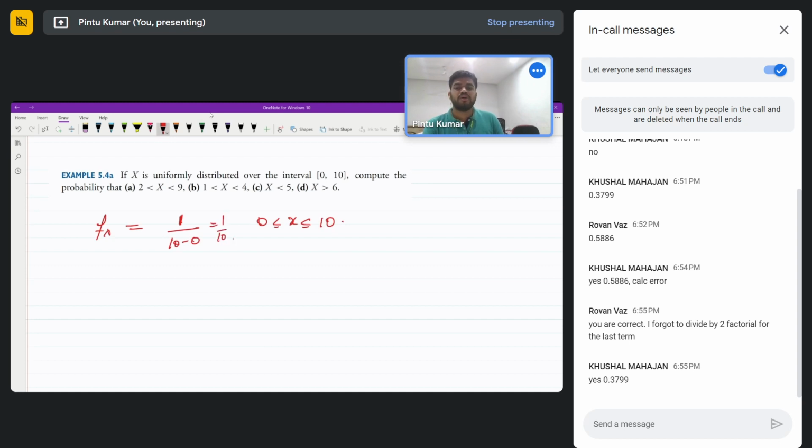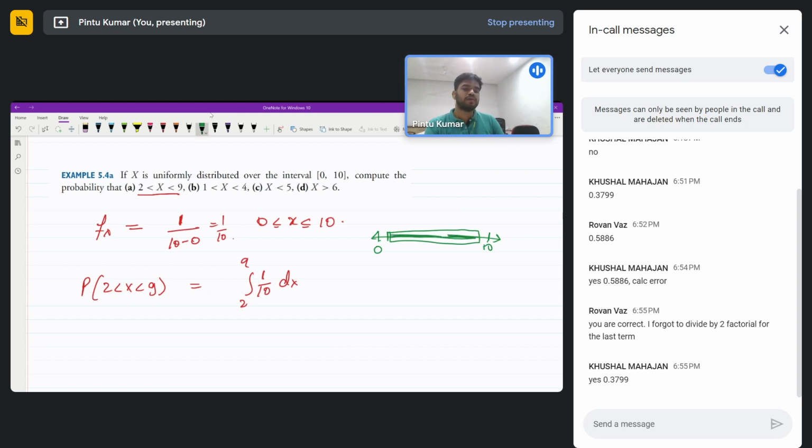Right? And you want to find the probability that your x lies between 2 to 9. So that probability is the integration from 2 to 9 of 1 by 10 dx. Or you can just see that if you have an interval from 0 to 10, the length of this interval is 10, then the probability that it lies between 2 to 9 would be the length of this portion, right?